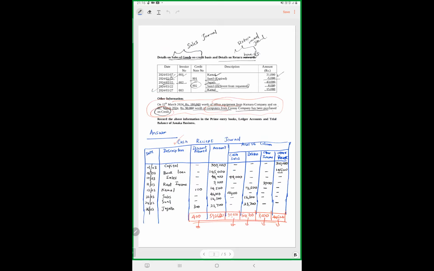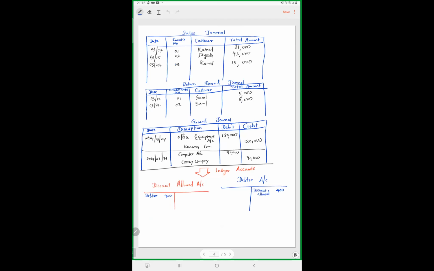Next one, cash sales. We are receiving 90,000 from cash sales. Therefore we need to create the sales account and, at the same time, the cash account to record the cash transaction. The sales account is actually an income account, and the cash account is an asset account.